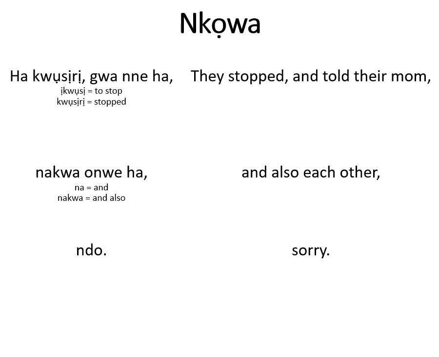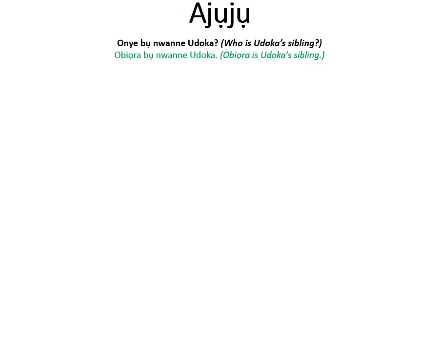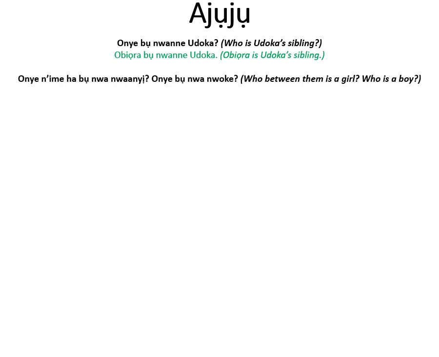Alright, so some Q&A with this story. Ajụjụ, question. Onye bụ nwanne Udoka? Who is Udoka's sibling? Obiora bụ nwanne Udoka. Obiora is Udoka's sibling. Onye n'ime ha bụ nwa nwanyị? Onye bụ nwa nwoke?